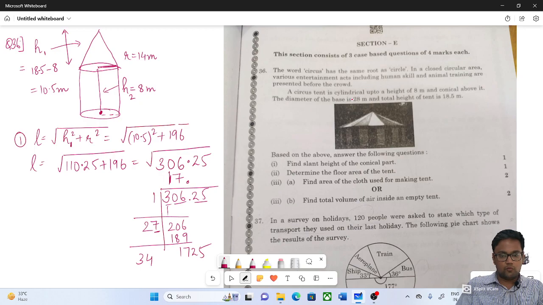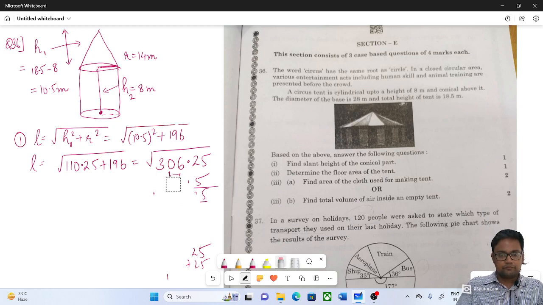Double of the quotient always comes. 1 ka 2 aaya tha, 17 ka 34 aaya hai yahan par. Many children also add it, that is also right. So clearly it is 345 into 5, that is 1725, right? So now what you can do, children, is the root: the slant height is 17.5 meters.